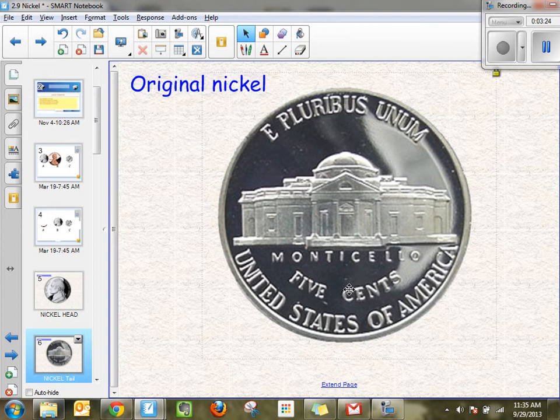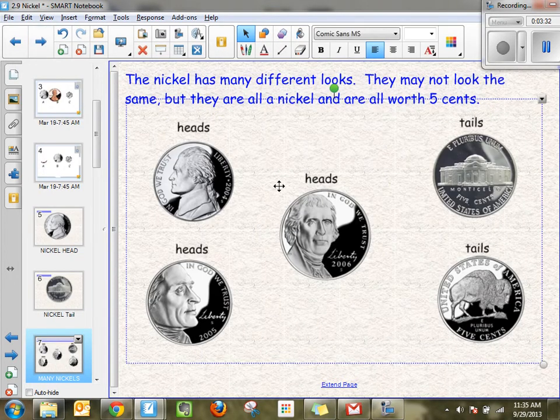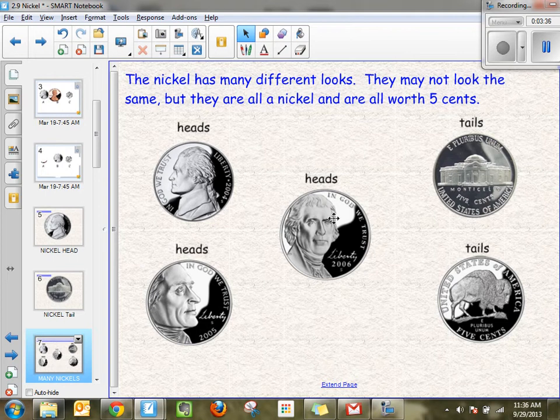Now, the tougher part of a nickel is that there have been some changes to the actual nickel. So here are some examples of what you might now see on the heads. You can see here that the face has changed a little bit, and the tails, which used to be Monticello, you can see now there might be a buffalo on the back, but they're all still a nickel.